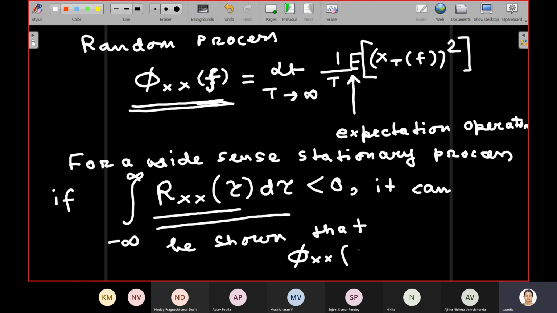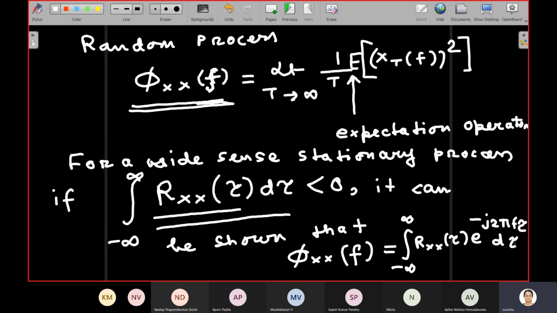This is it. Now, what if this integration does not exist?